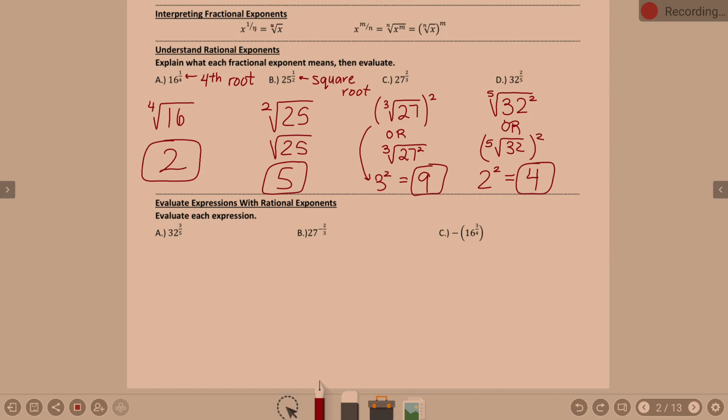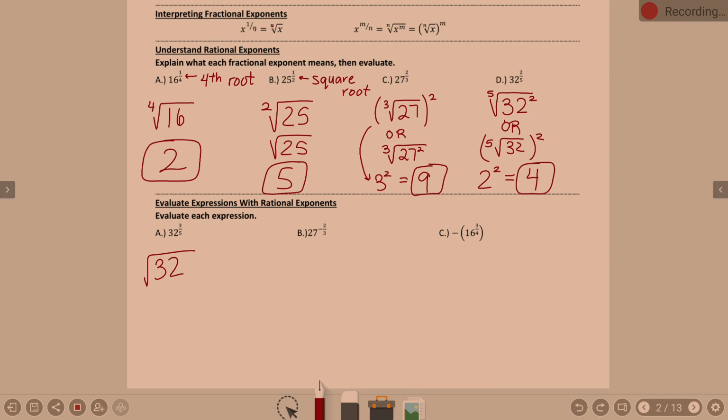Okay, let's continue then. Evaluate each expression. Really kind of doing the same thing here. Just a little bit more with it. So A, 32 to the 3/5. What are we doing here?